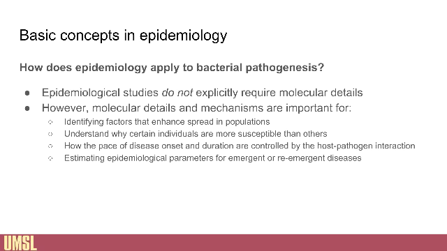So, epidemiological studies do not explicitly require molecular details. That's one of the nice parts of epidemiology, but they are deeply informed by these details that we've talked about. So if you're saying, we've done particular types of epidemiological models for Salmonella A versus Salmonella B, we see Salmonella B is way worse for everybody than Salmonella A. If your next question isn't why, then I don't know what to do.